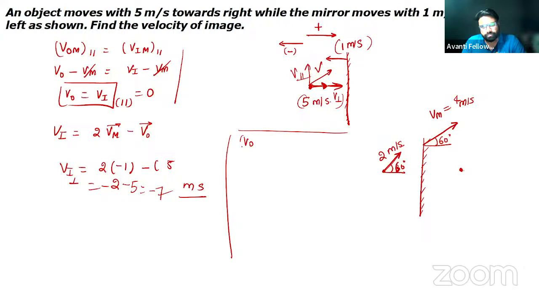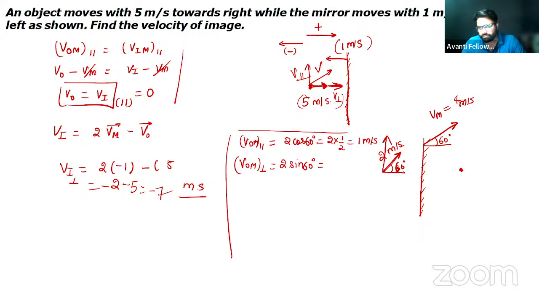So velocity of object parallel will become here what? 2 cos 60, which is 2 into cos 60 will become 1 by 2, 1 meter per second. And velocity of object, ये velocity of object with respect to mirror है, and velocity of object with respect to mirror perpendicular is nothing but 2 sine 60.